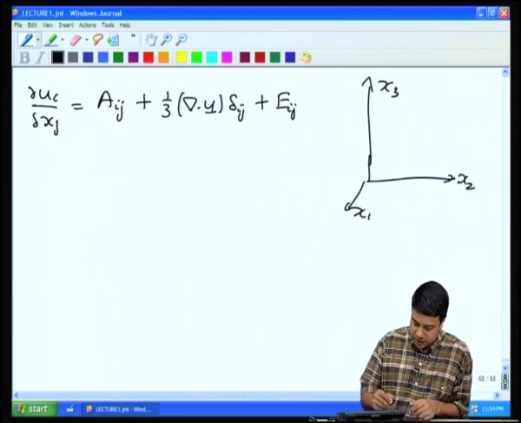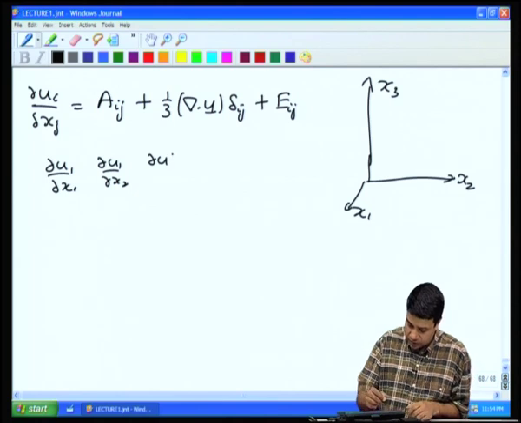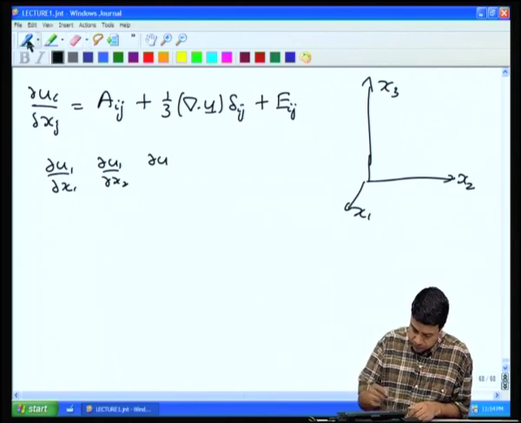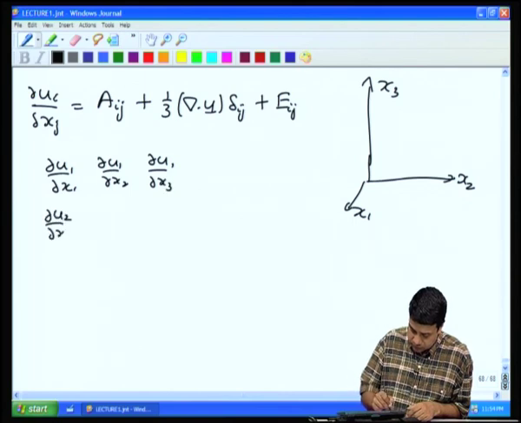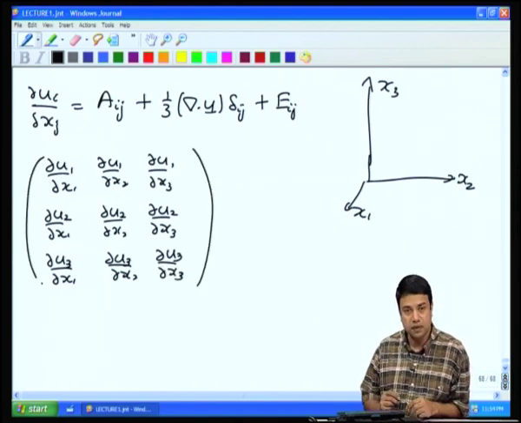So, for example, this was my rate of deformation tensor.